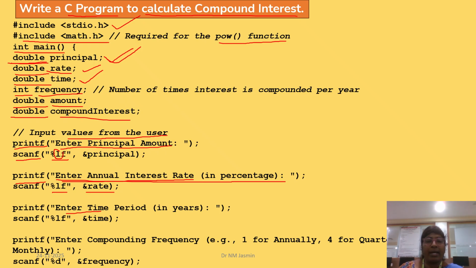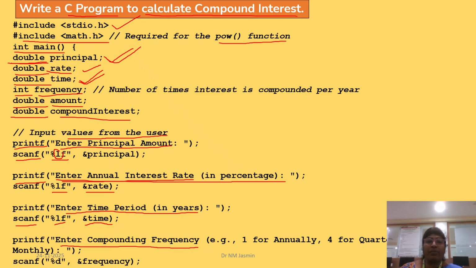Similarly, for enter time period in years, which is representing the time we have declared here, you have to scan with double precision, and here the address is provided for the time. Next, move on to here. Printf enter compounding frequency.